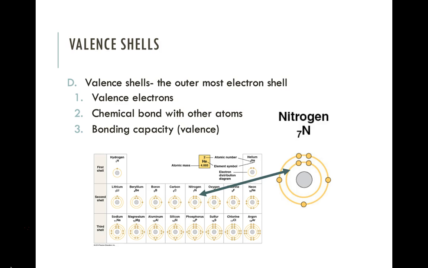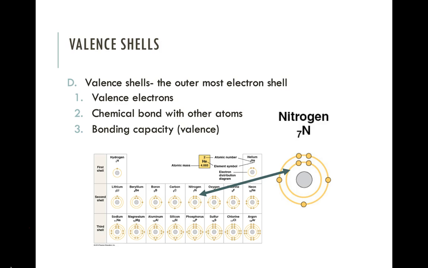So continuing on with our discussion of these electron shells, the shell that we are most worried about when it comes to chemical reactions is the valence shell. So the valence shell is the outermost shell, and it depends on the atom, whether it is the first, second, or third shell. Our example there is nitrogen.